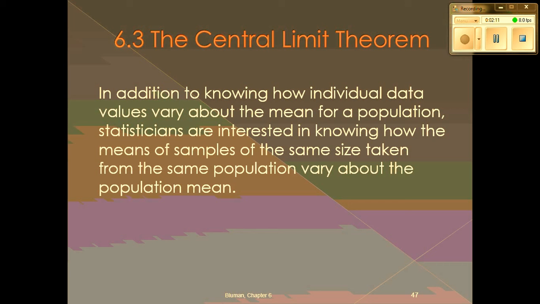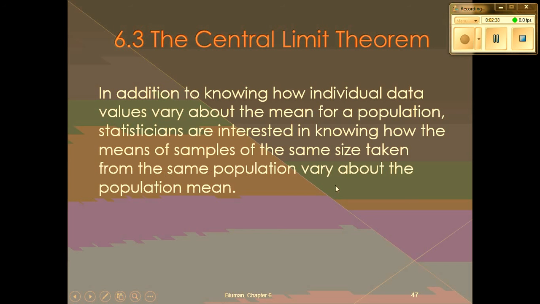Okay? So, in addition to knowing about how individual data values vary about the mean for a population, so that's what the normal distribution tells us, is how values vary from the mean. Many times statisticians are interested in knowing how the means of samples of the same size taken from the same population vary about the population mean.